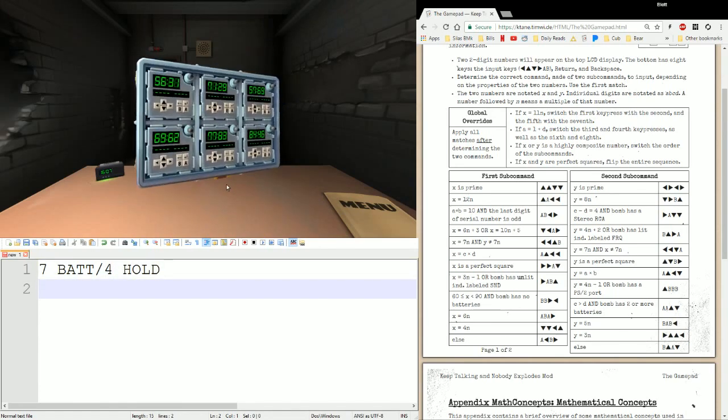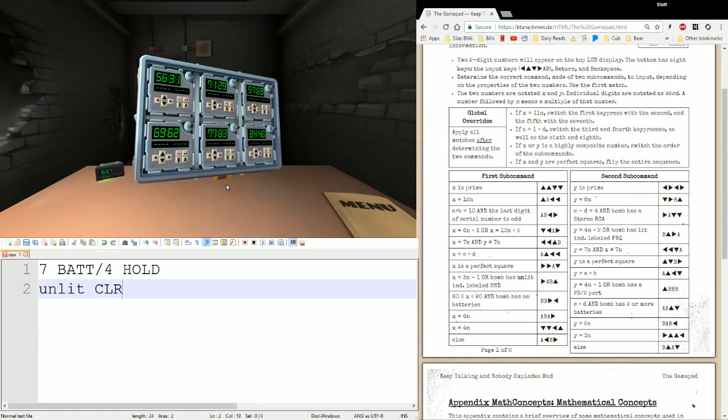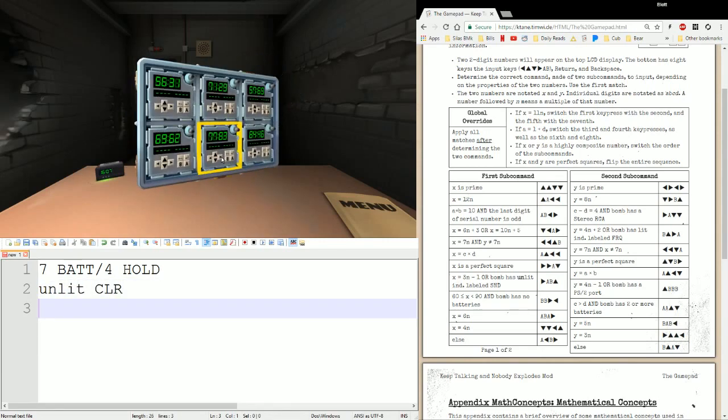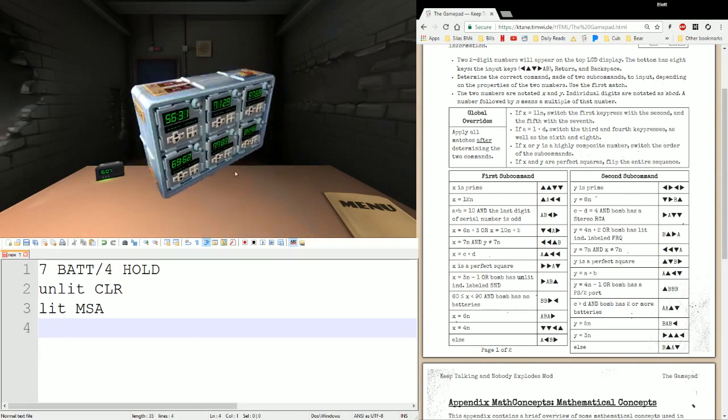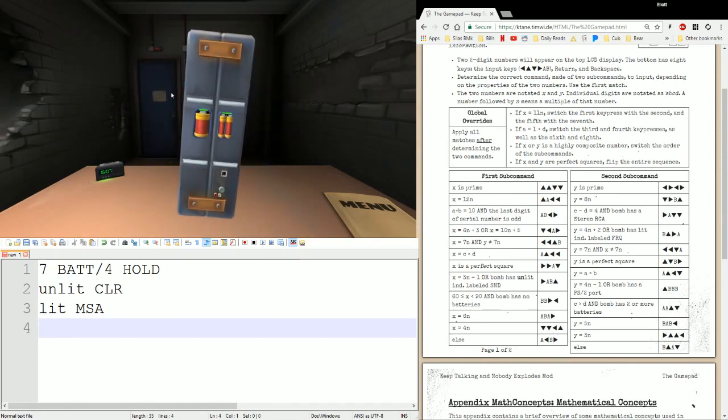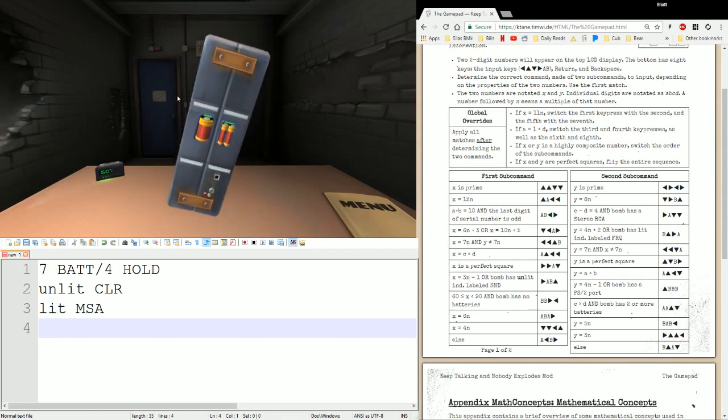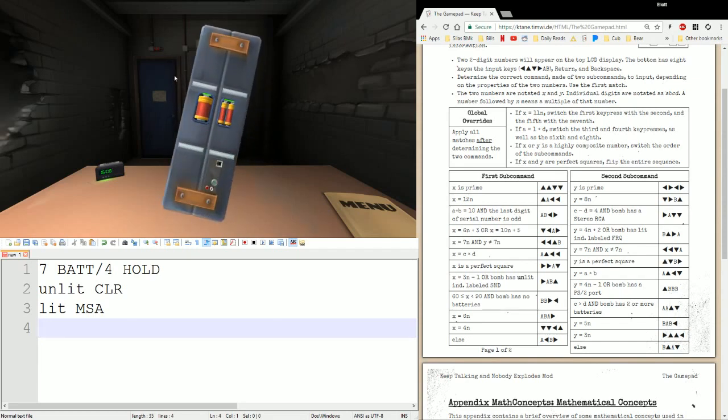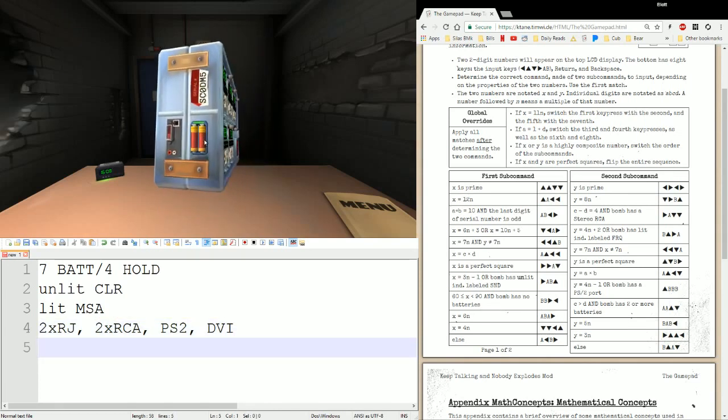We have an unlit CLR, a lit MSA, and for ports we have 2 RJ45s, 2 RCAs, a PS2, and a DVI. Serial number is Sierra Charlie 0, Delta Mike 5, SC0DM5.